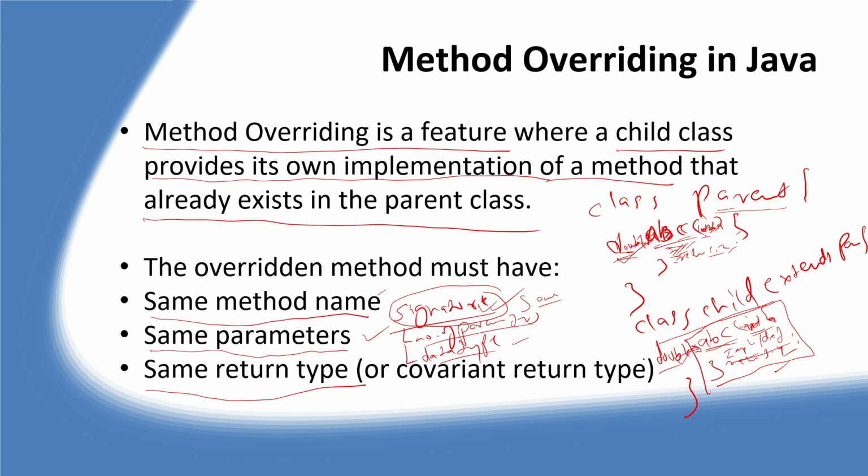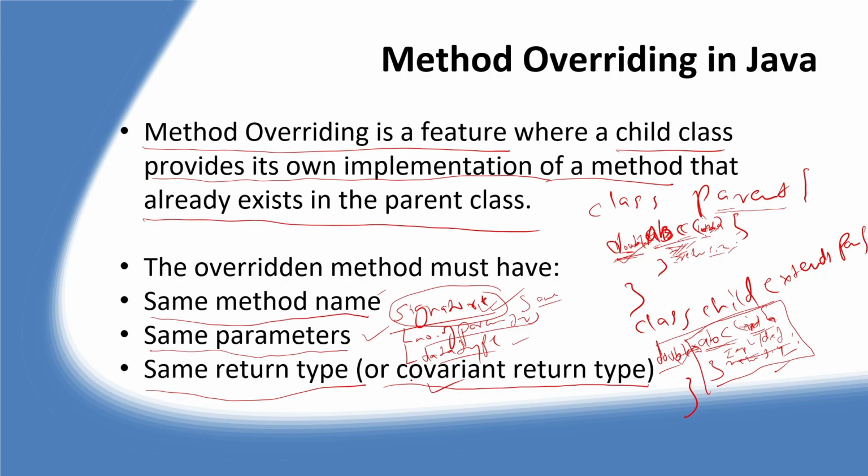Now there is one more point written, covariant return type. What is covariant? Covariant means the return type can be the same or one size lower.